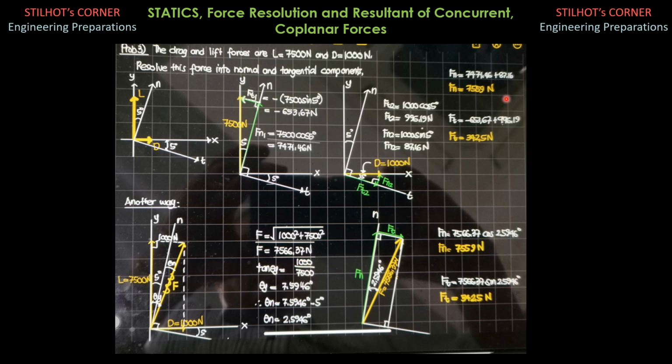Rounding off answer to four significant figures, the normal component is equal to 7,559 newtons, while the tangential component is Ft1 negative 653.67 plus Ft2, which is equal to 996.19. So combining, Ft equals 342.5 newtons.